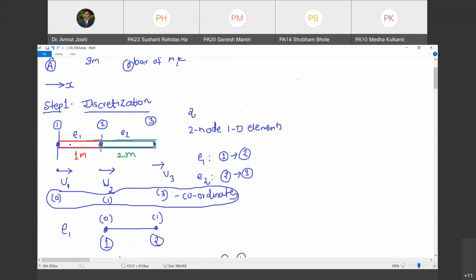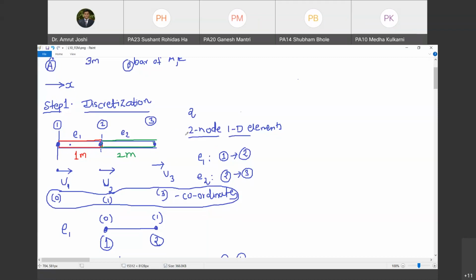At node number 2, you have another degree of freedom denoted as u2. u1 and u2 are the degrees of freedom of this element. So we have a 2 degree of freedom element. It is not merely a two node 1D element. It can also be called a 1 degree of freedom per node element, as it has 2 nodes and 1 degree of freedom per node. Therefore, total degrees of freedom for this element are 2.